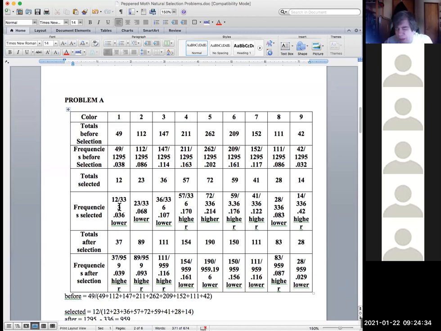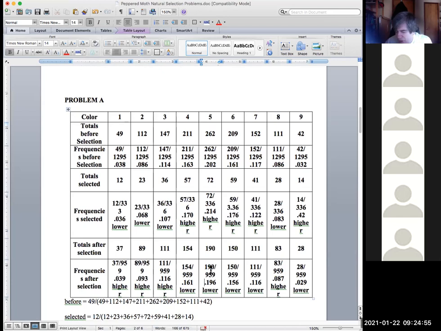And for moth category number 4, the frequency before selection is 0.163. If the frequency selected was 0.163 and the frequency after selection was 0.163, then if the frequencies don't change, if they're the same in all 3 categories, then there's no selection, because that means everything gets picked exactly as often as it's represented in the population.